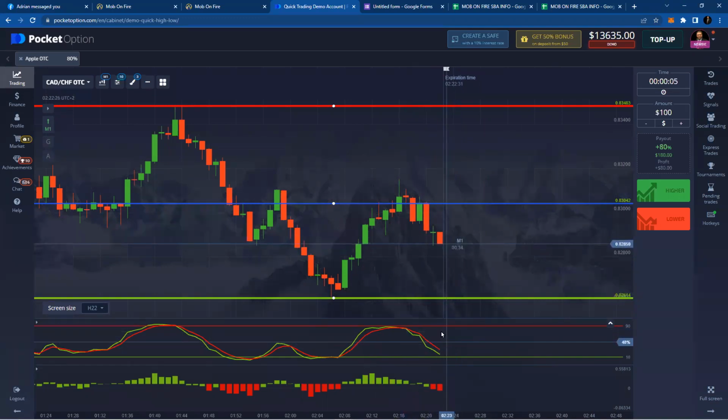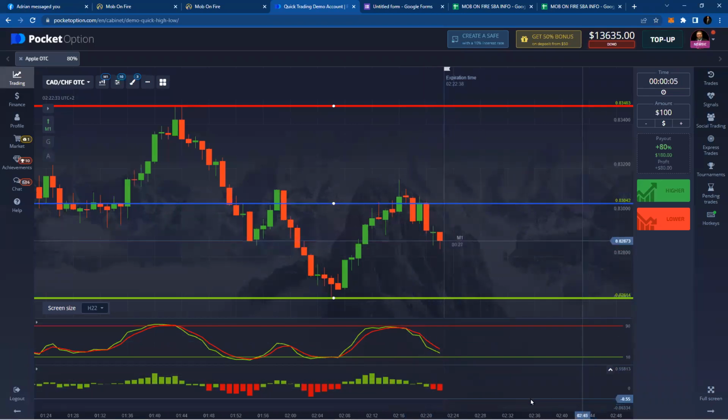Well, we pay attention to the oscillator over here, and we pay attention to the momentum over here. When you see the red scales forming in the momentum below the 0, see the 0 on the far right? When you see that, that's indicating the price is going to go down.